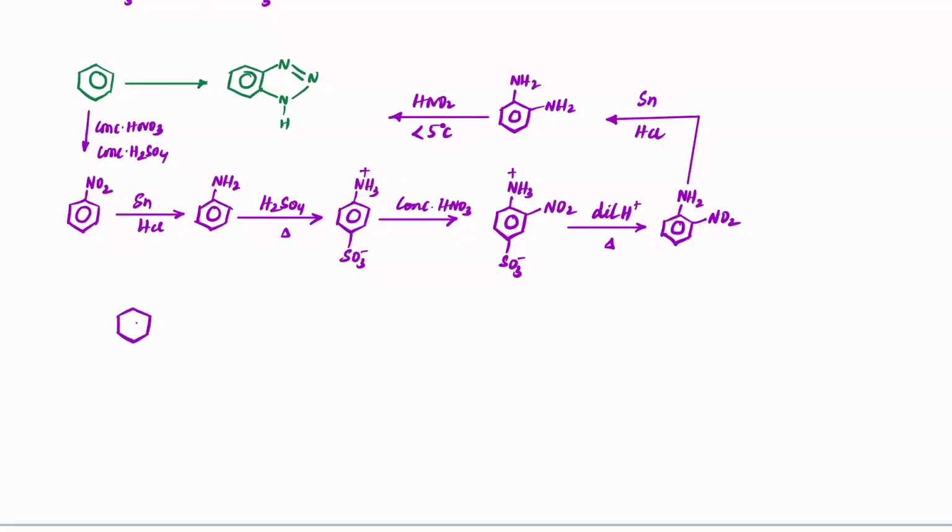If you have NH2 and NH2, as you react with nitrous acid, you know that one side of the product will be N2 plus, and Cl minus. And at this position we have NH2.